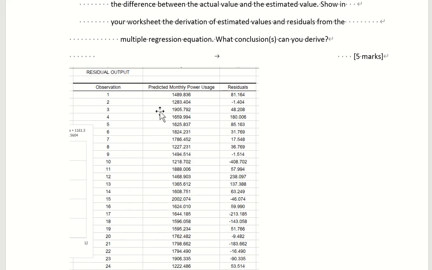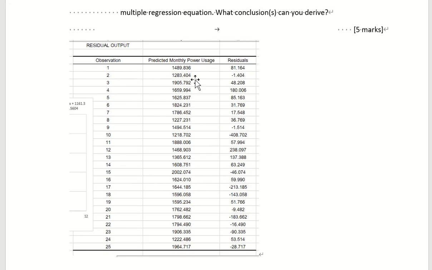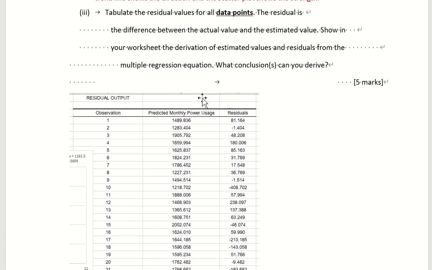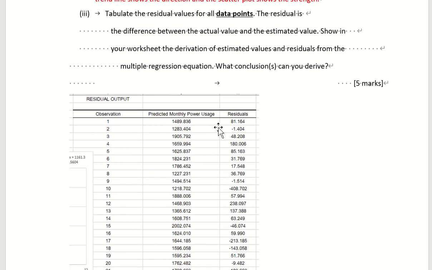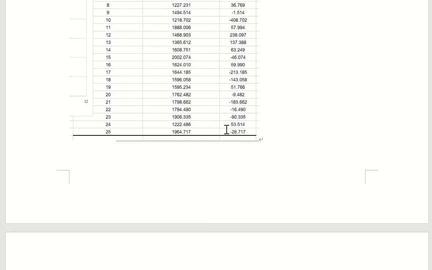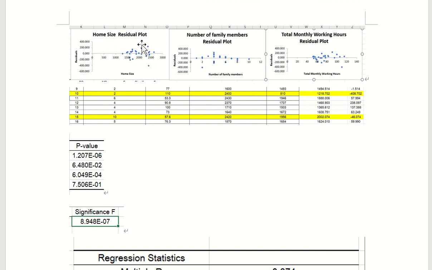And for part three, this is the residual output I have created through the data analysis, and here is a residual plot. From the plot, we can identify two outliers, which are shown here highlighted in yellow.